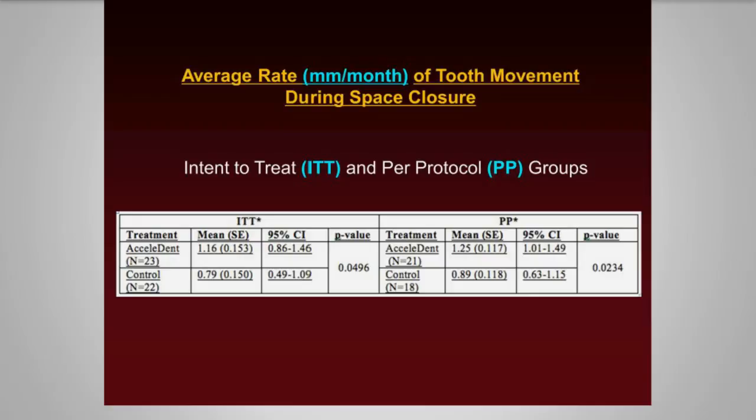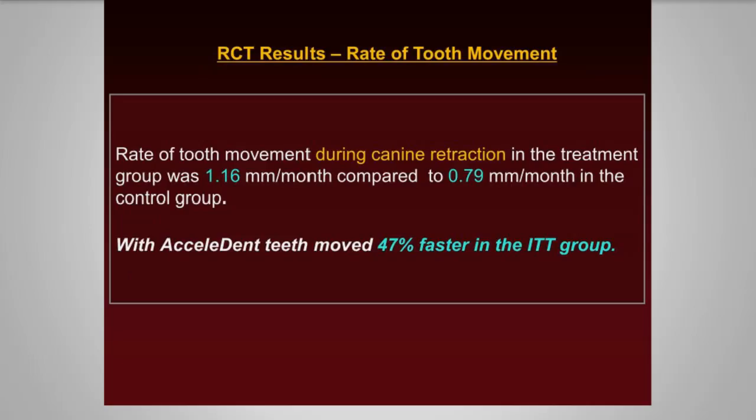This is the essence of the study, and the first and most important outcome that we have obtained. Again, to summarize, during canine retraction, 1.16 versus 0.79, the Excellident moved teeth 47% faster. The difference represents 47% in the ITT group.